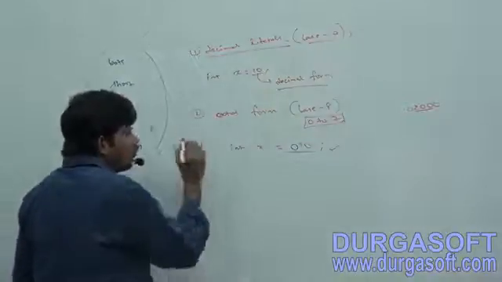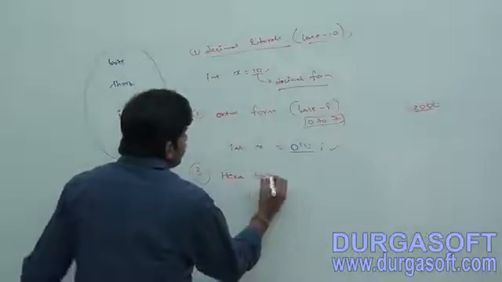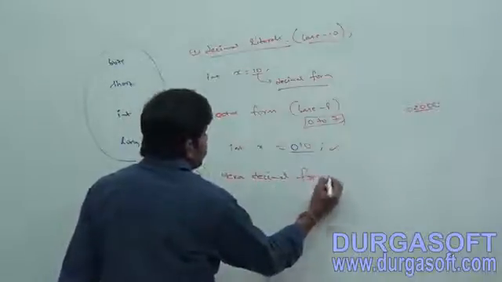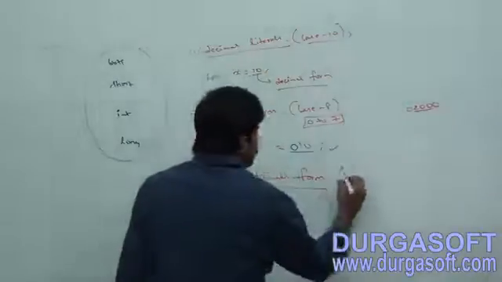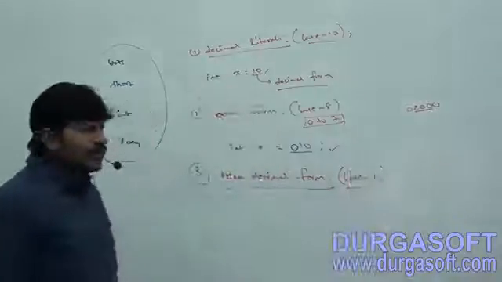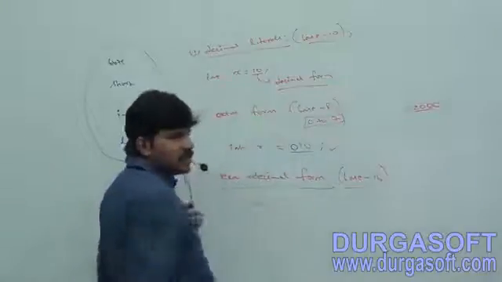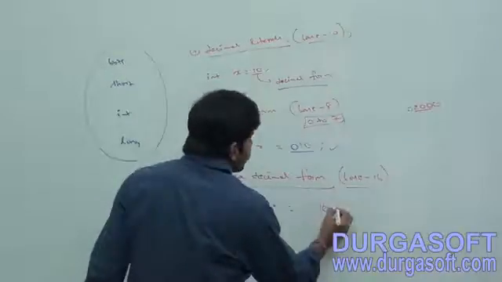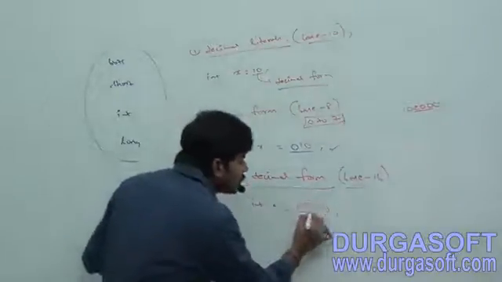Next, we can specify literal value even in hexadecimal form also. Now we can use the term base 16. Int x is equal to, sir, I am taking 10. Int x is equal to 0x10.